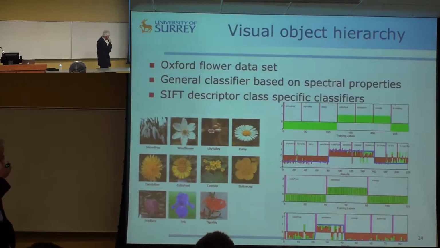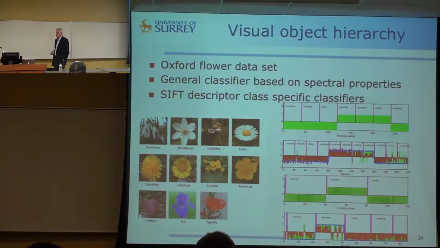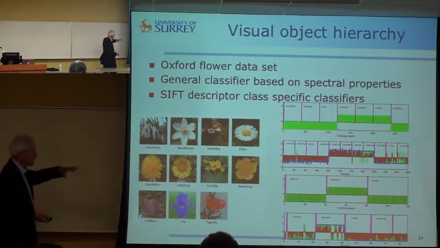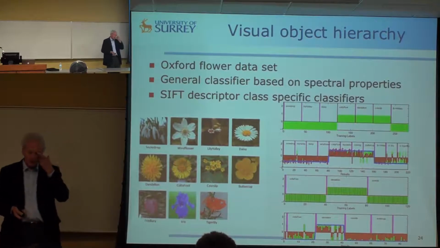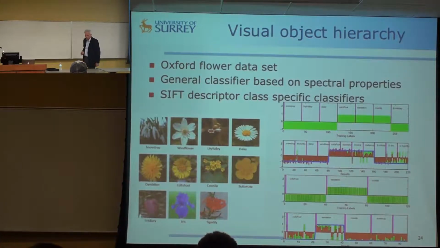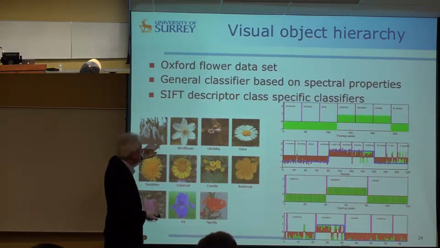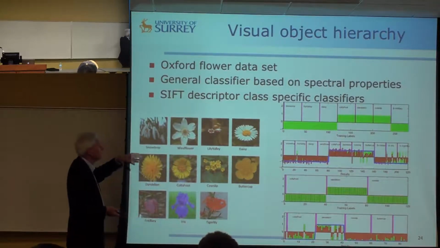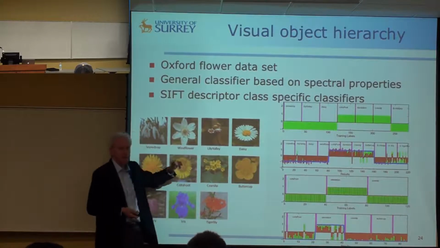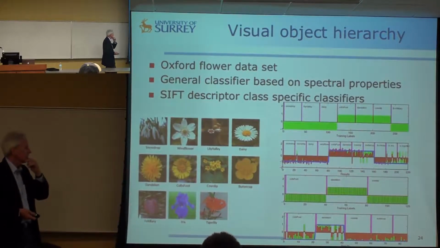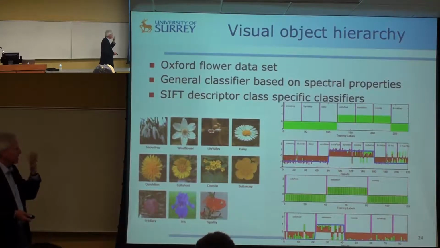When we learned that from experience, we tried it on another application which fitted the idea of visual hierarchy much better. We classified flowers at the first level, this is the Oxford flower database, according to color, and then within a particular color you are able to identify subcategories in that group, and if, for instance, some category was missing, it was quite easily detected with this scheme which I described.